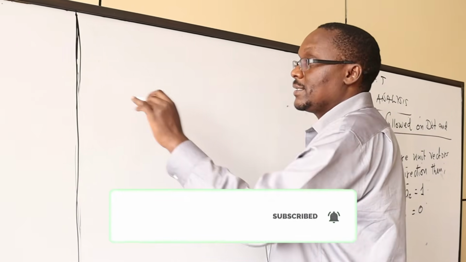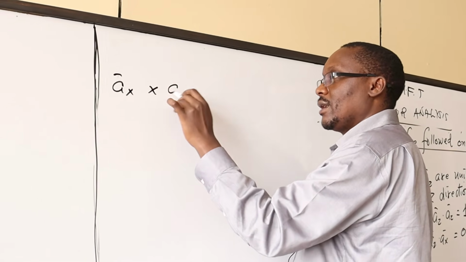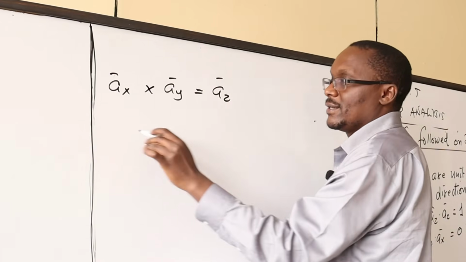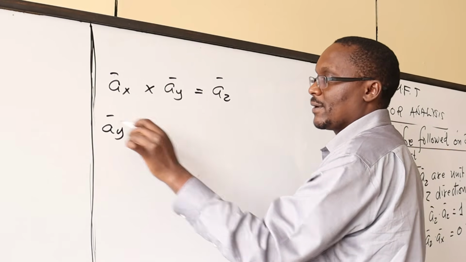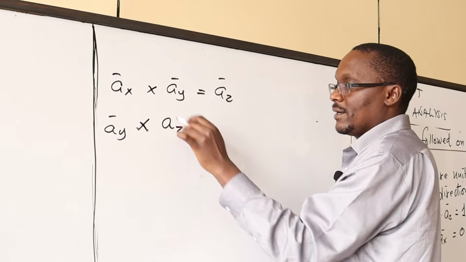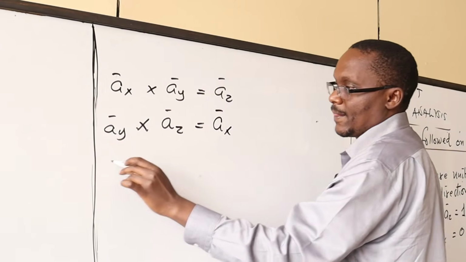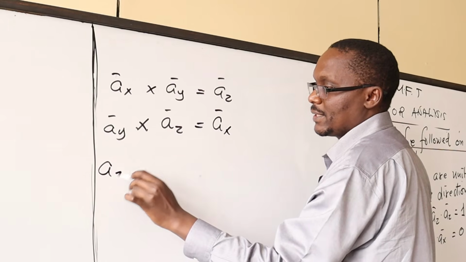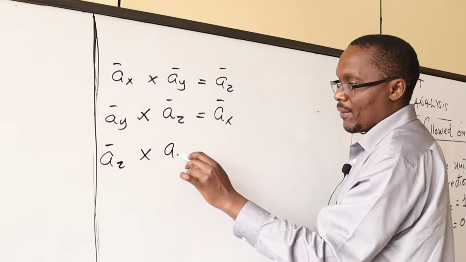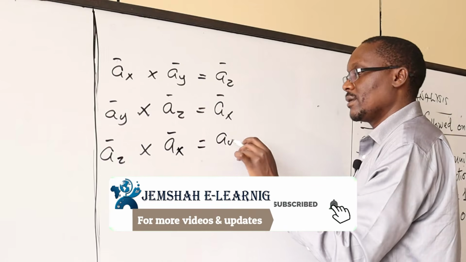In cross product, if I have AX cross AY, that gives me AZ. Similarly, AY cross AZ should give me AX, and AZ cross AX will give me AY.